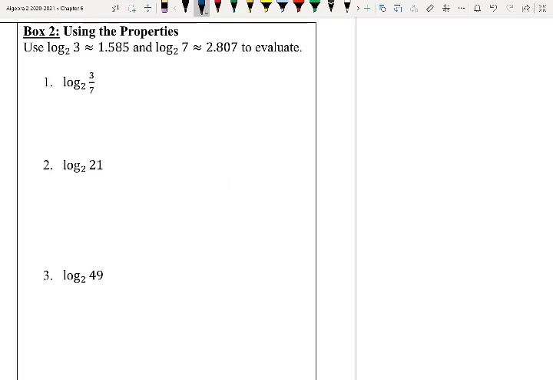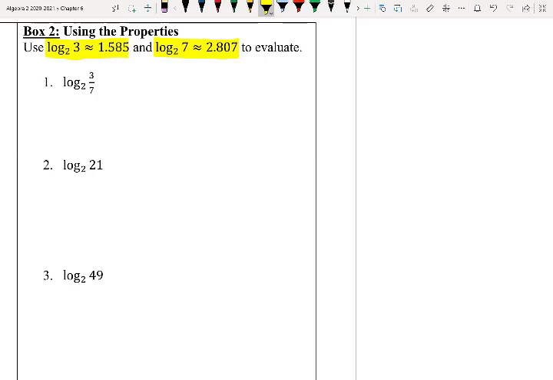Instead of having to evaluate, we're given an approximate value for two different logs: log base 2 of 3 is approximately 1.585, and log base 2 of 7 is approximately 2.807. We're going to use those two pieces of information to evaluate the following three logs.